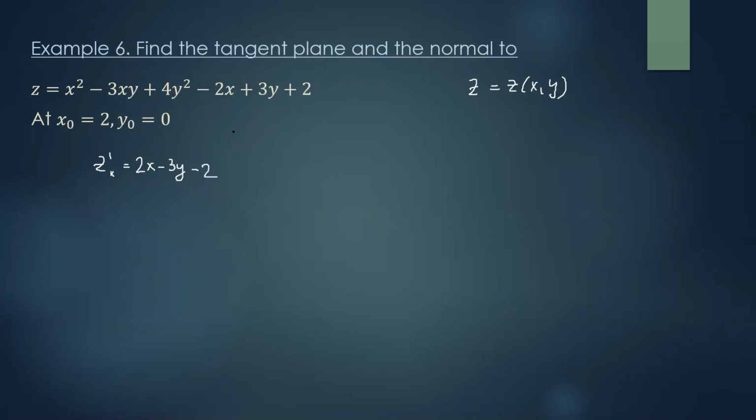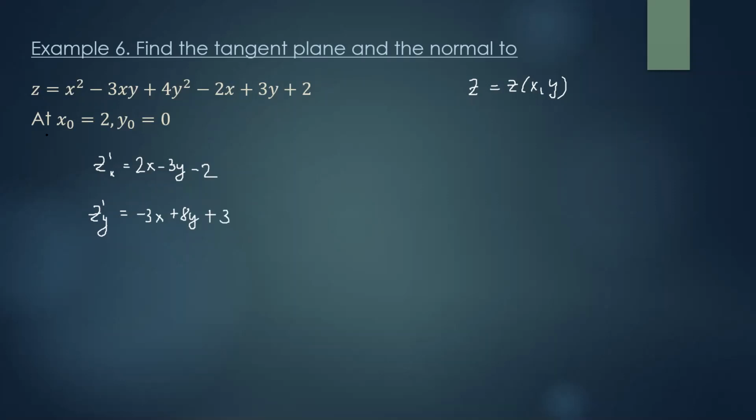And these are constants. Derivative with respect to y: x squared is a constant, minus 3xy derivative by y is minus 3x, 4y squared derivative is 8y, 2x derivative 0, 3y derivative is plus 3, 2 derivative as always is 0.